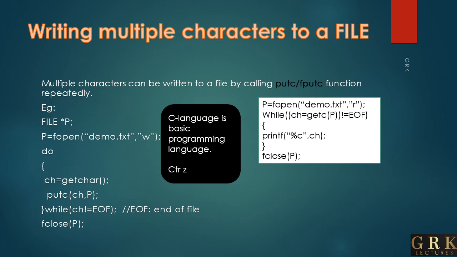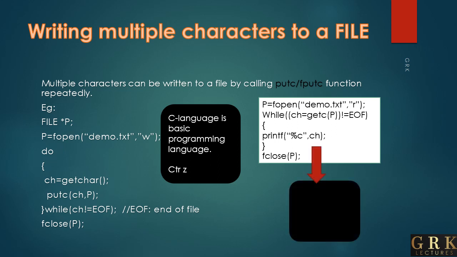This loop will be repeated until we reach EOF, so all characters will be printed. Once that printing is over, we have to close that file. Every time you read, it will be displayed on the console. The output is the same as whatever characters you entered using putc; the same input will be printed on the monitor while reading from the file.